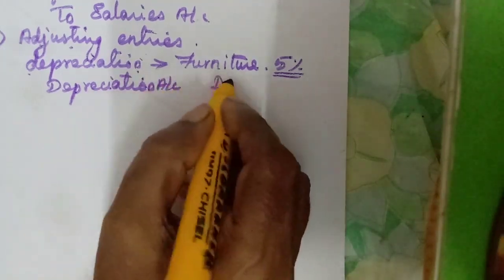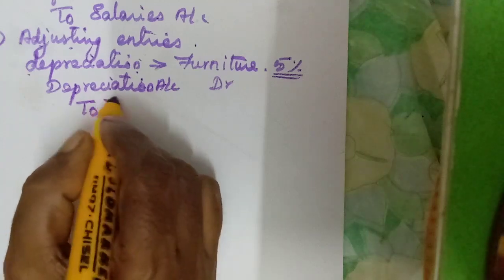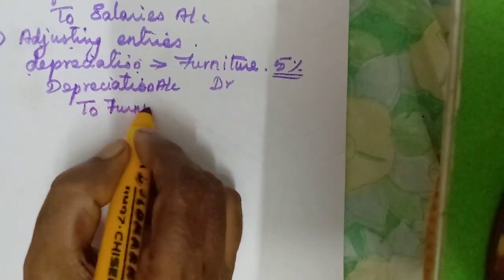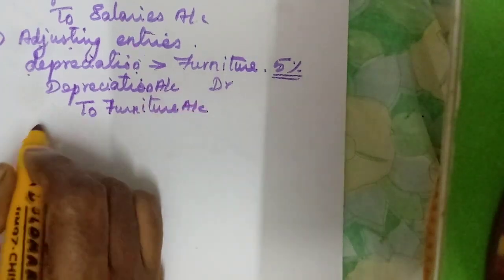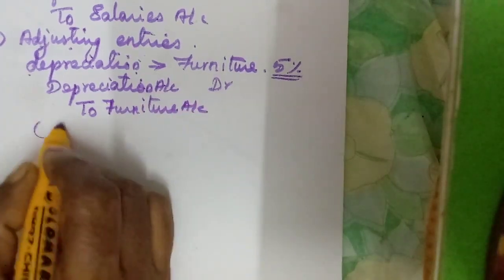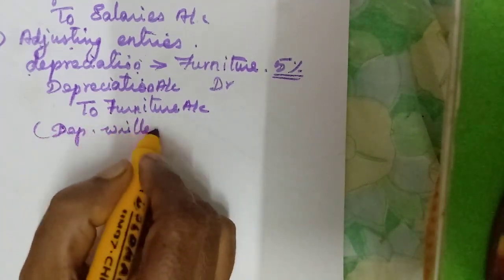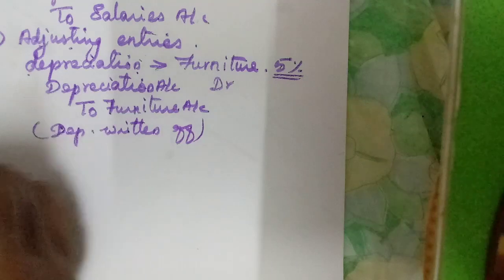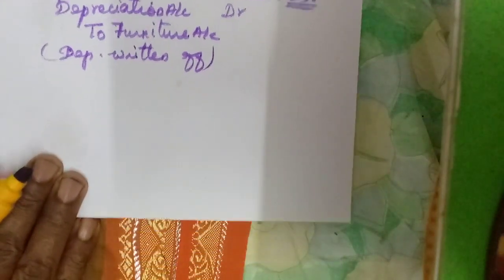Depreciation account debtor to, then the value of the furniture will be reduced, so furniture account credited. Depreciation provided, depreciation written off. That is called the adjusting entry.